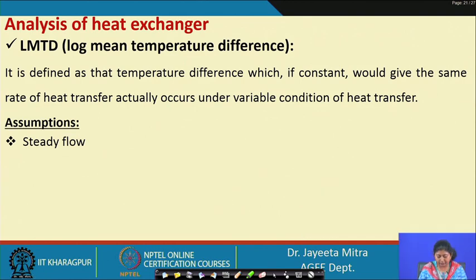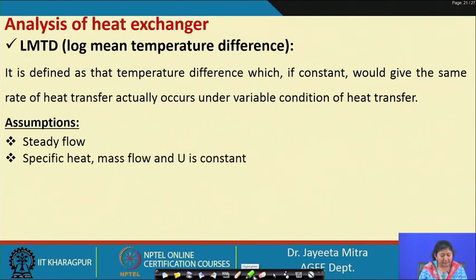First, steady flow will occur in the heat exchanger, steady flow of both streams. Then specific heat, mass flow, and overall heat transfer coefficient are constant. We will discuss the overall heat transfer coefficient in detail, and maybe some of you have learned this in your heat transfer course. For this moment, understand that this is the overall heat transfer coefficient. Specific heat and mass flow will also be constant.